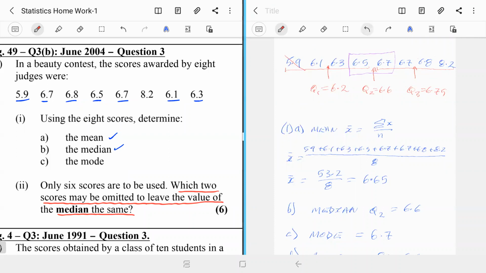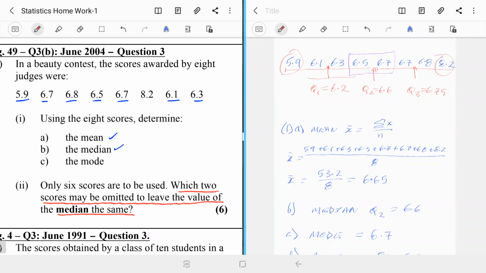But theoretically I can take out any one of these 3 along with any one of these 3. Because any one of the 3 I take out, the order of the values will remain the same. These 2 values will still be in the middle. Right? So basically, most persons I think would say take out the 5.9 and take out the 8.2.